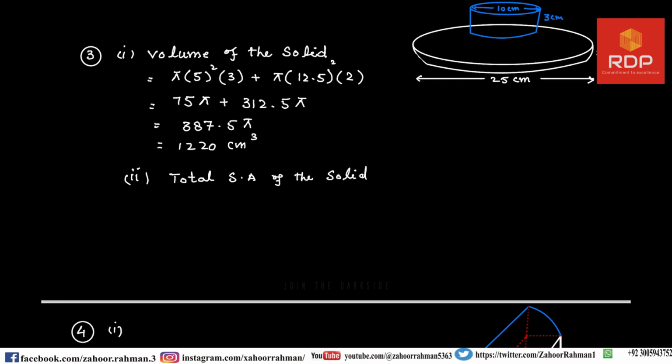So we will get pi r square, the area of the larger disc, which is pi 12.5 square, plus 2 pi into 12.5 into 2, and then we have the circular area.